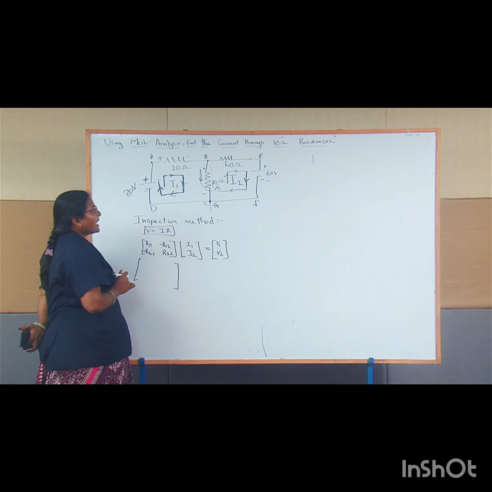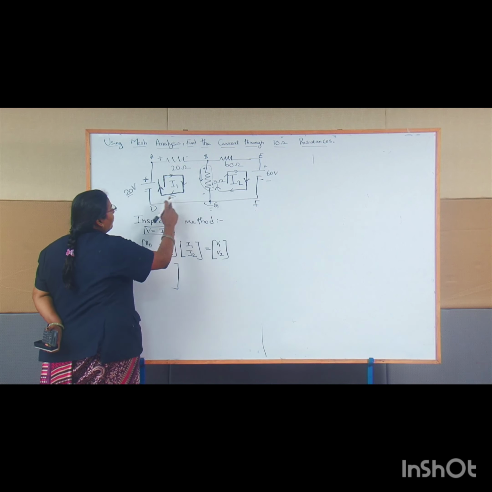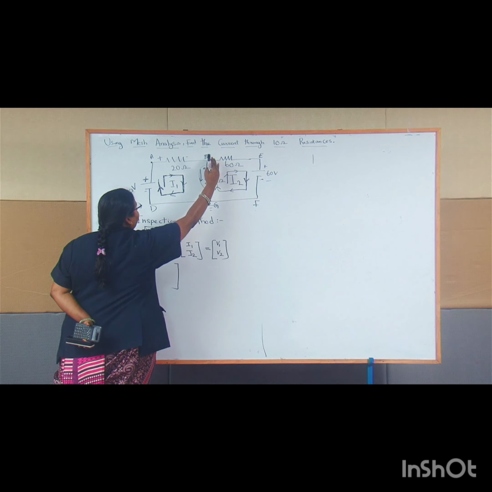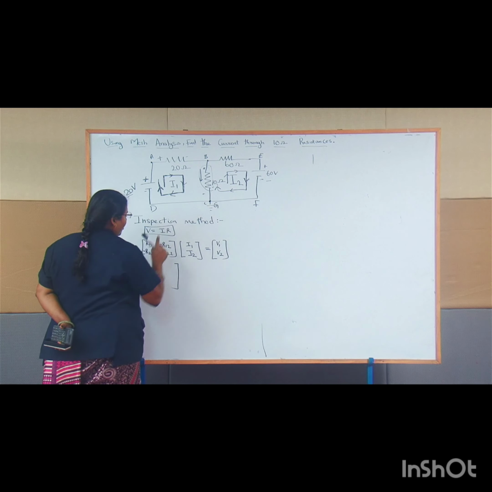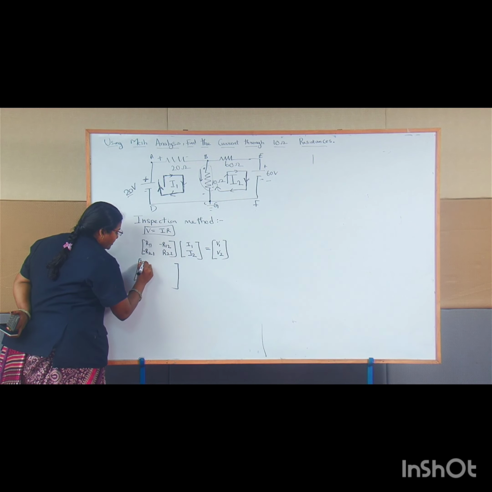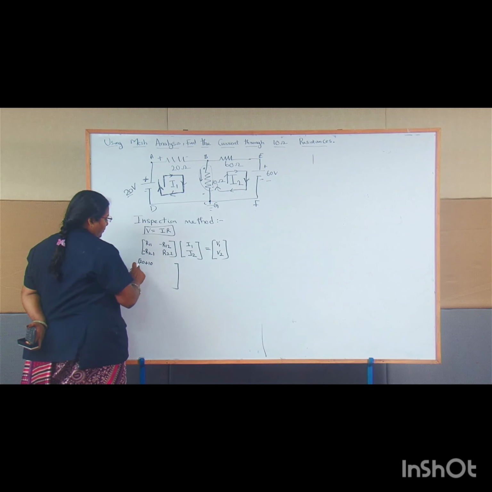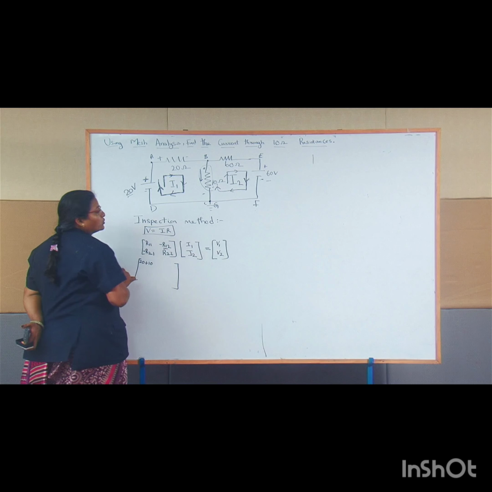R11 means the total resistance present in loop 1. Loop 1 alone, so you have to check only this loop. Here 20 ohms is there, 10 ohms is there, so you have to add it. So 20 plus 10 is your loop 1 total resistance. Then you have to check R12.